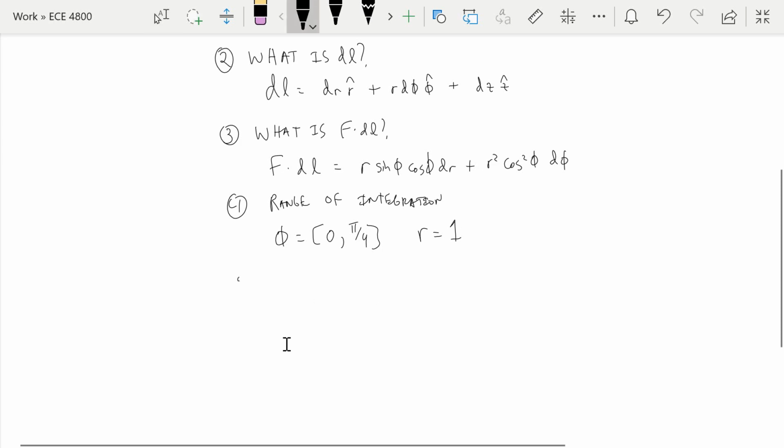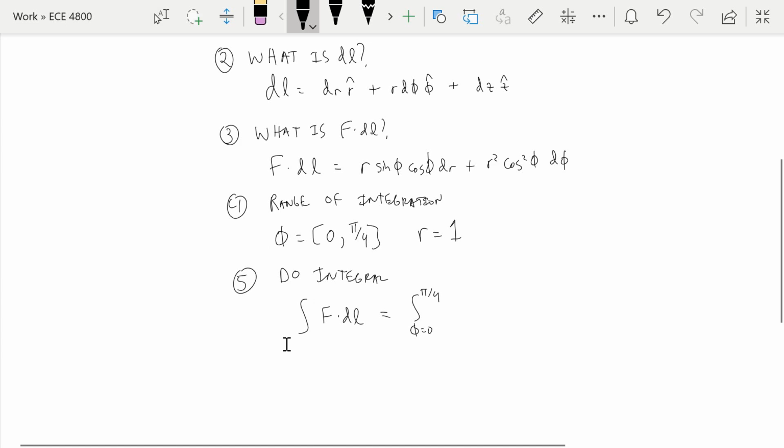So the last part is to do the integral. We are going to be taking the integral of f dot dl along this line. And this is going to be the integral, taking phi going from 0 to pi over 4.